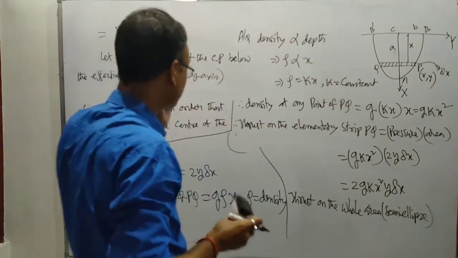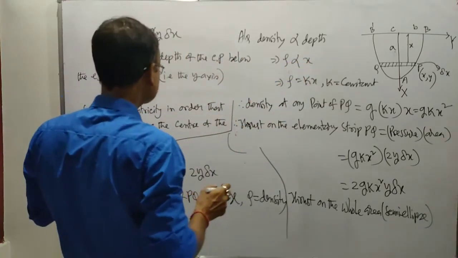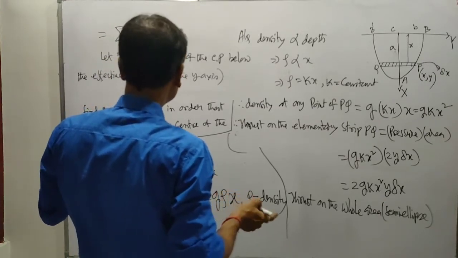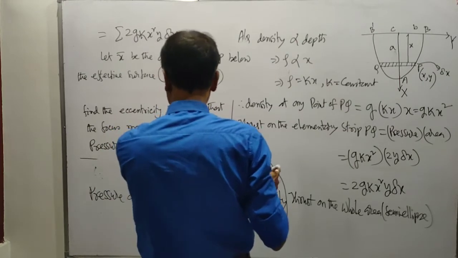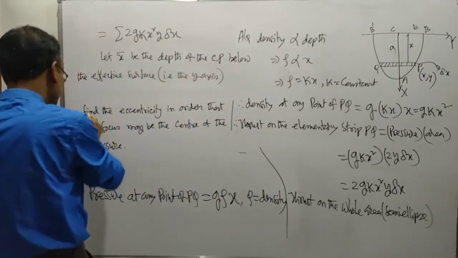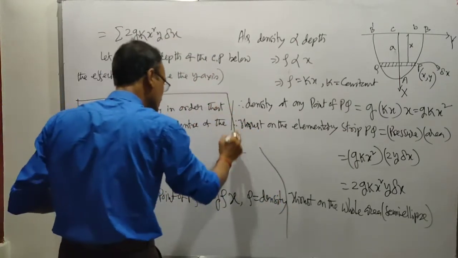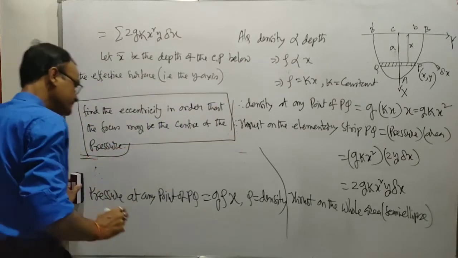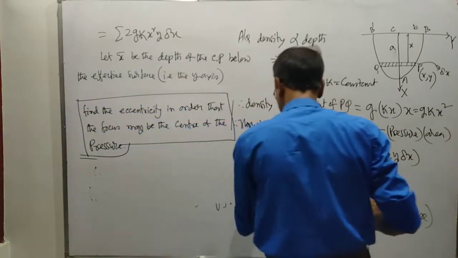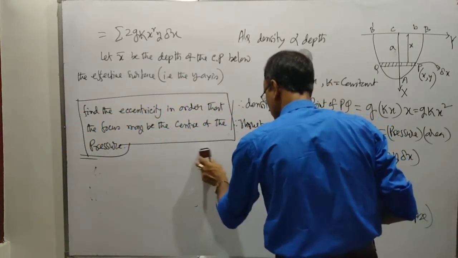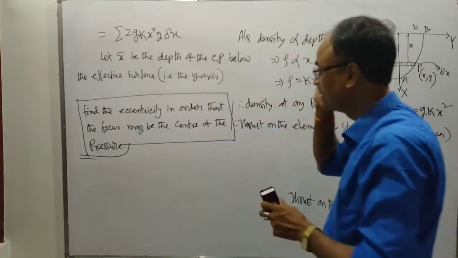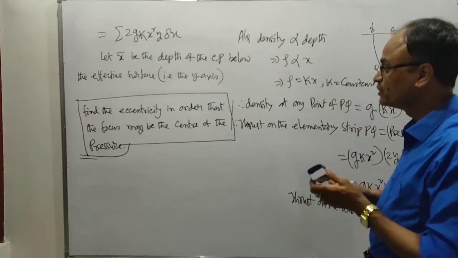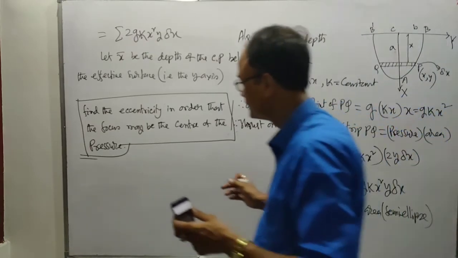Therefore, the eccentricity will have to be found with the depth of the center of pressure below the effective surface. That is the y-axis.